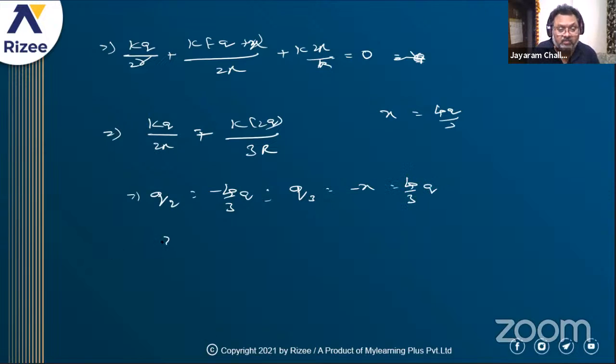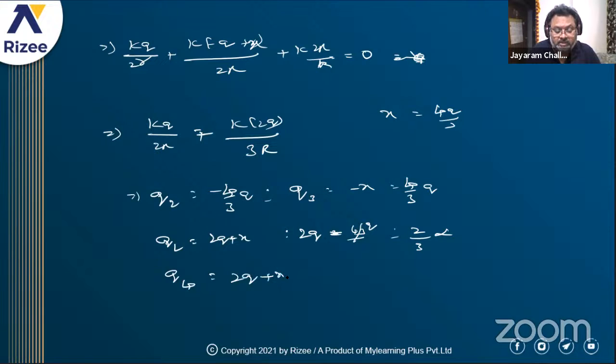So similarly, Q4 can be written as 2Q minus 2Q plus x. Next, 2 into Q is equal to 4 by 3 Q. And the last one, 4 by 3 Q, with a minus sign. So from this one, Q4 you can derive as 2Q plus x.